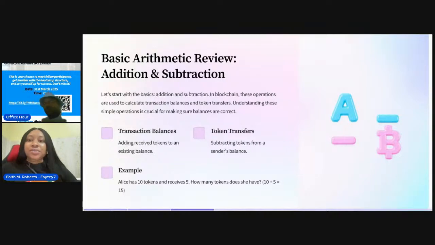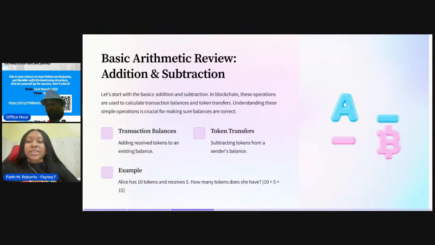Addition and subtraction are used to calculate transactions, calculate balances of an account, calculate token transfers and the rest. So these are some of the basic arithmetic involved in the blockchain, getting transaction balances.